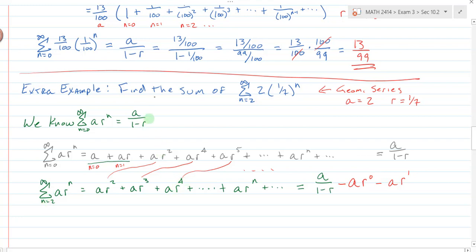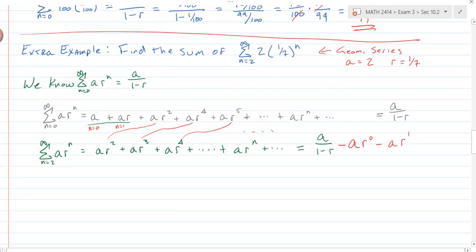So knowing that now, let's look at the problem that I gave you. I want you to find the sum of this series. Well, the sum of that series is going to be equal to a over 1 minus r, but what do I have to subtract? I have to subtract what I got when n was equal to 0, and I also have to subtract what I got when n was equal to 1, because our series starts at n equals 2.